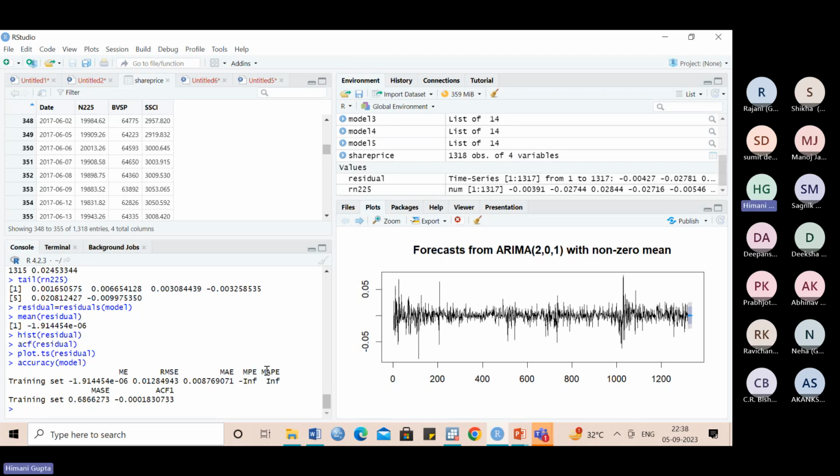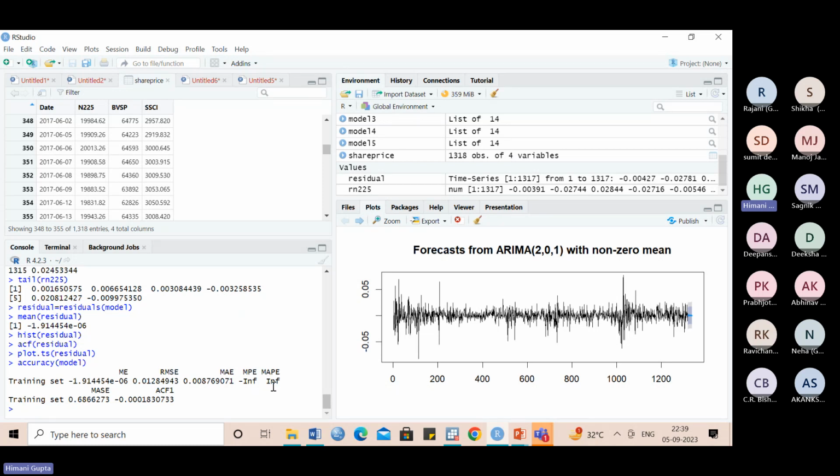With the help of these, mostly we use MAPE. MAPE means mean absolute percentage error. MPE is mean percentage error. MAE is mean absolute error. You can see the mean absolute error should be the least. Now MPE is saying infinity, not a number.